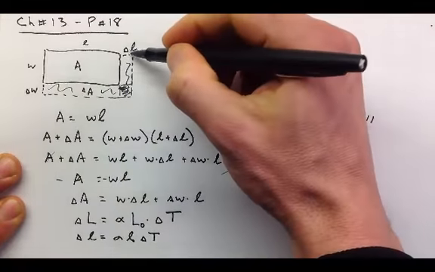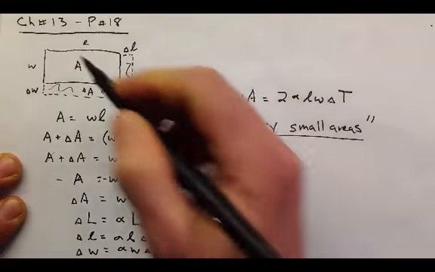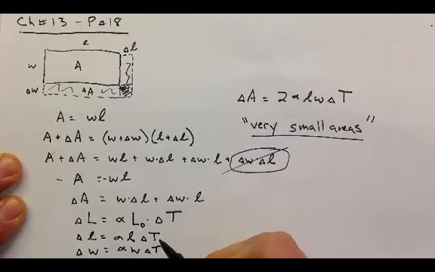And so that's this delta L here. And similarly, delta W would be equal to alpha W delta T, right? So this length expands and this width expands, and those equations would be those equations.